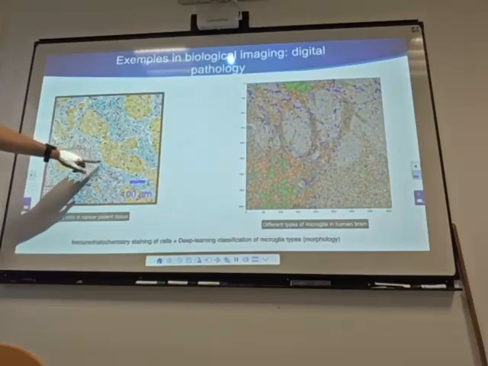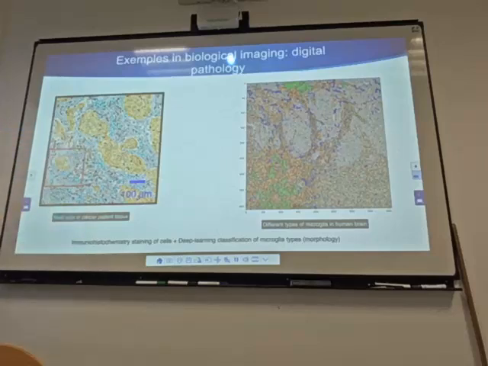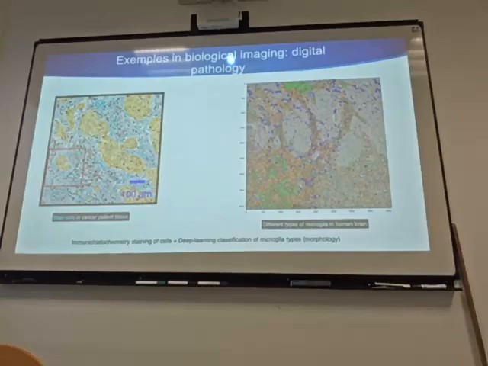Here in orange, this is cancer epithelium. And on the right, these are different types of microglia in a human brain. A natural question is to extract some information. So for example, here it's to describe whether there is any distance, or whether we can infer some processes about the immune response in cancer. And on the right, you can ask whether or not the different types are close together, or are they clustered in some regions of the human brain?